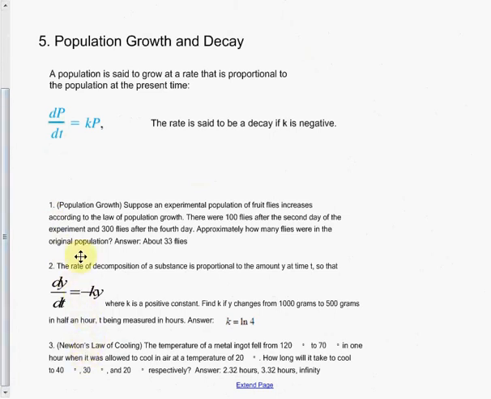So I want to give 3 problems. One deals with population growth. One deals with population decay. Then the other is concerning Newton's law of cooling. Let's look at these problems here. So the first one, suppose an experimental population of fruit flies increases according to the law of population growth. So when it says that, I want to be able to write a differential equation.